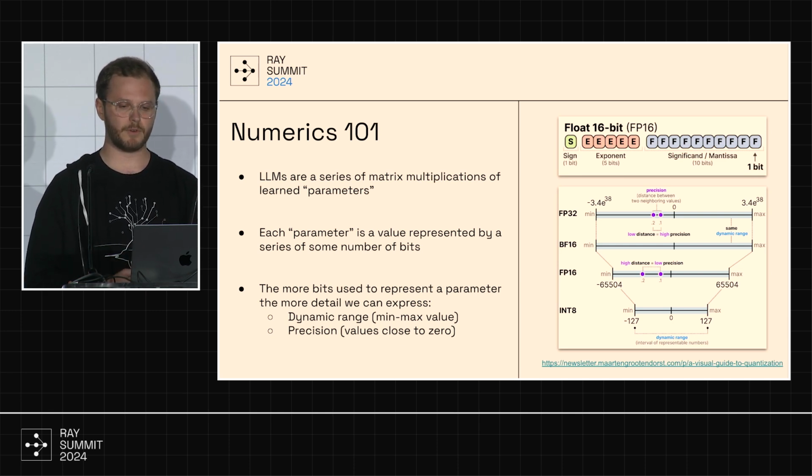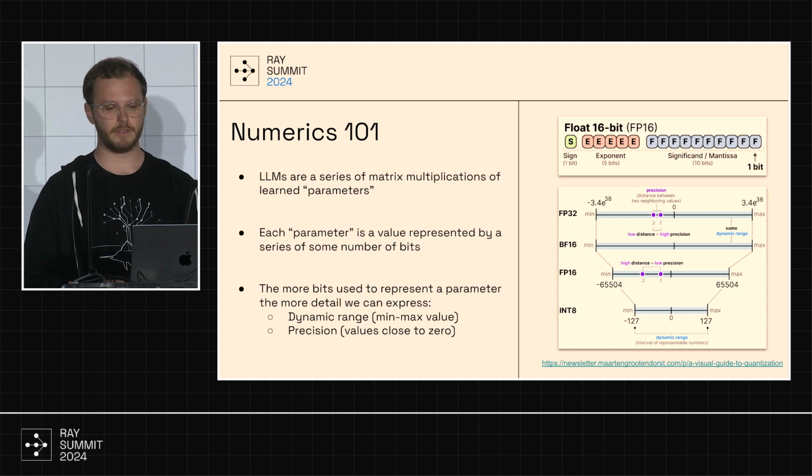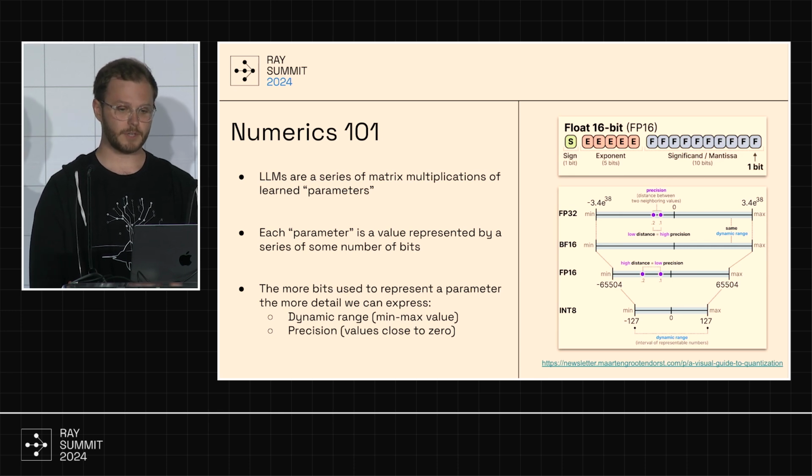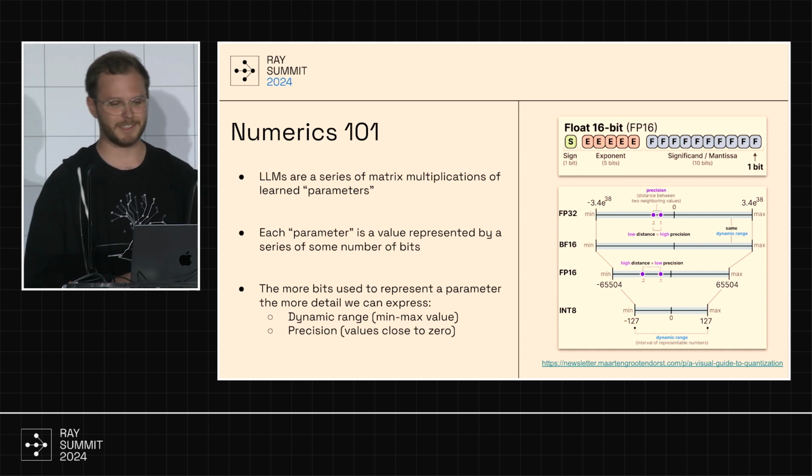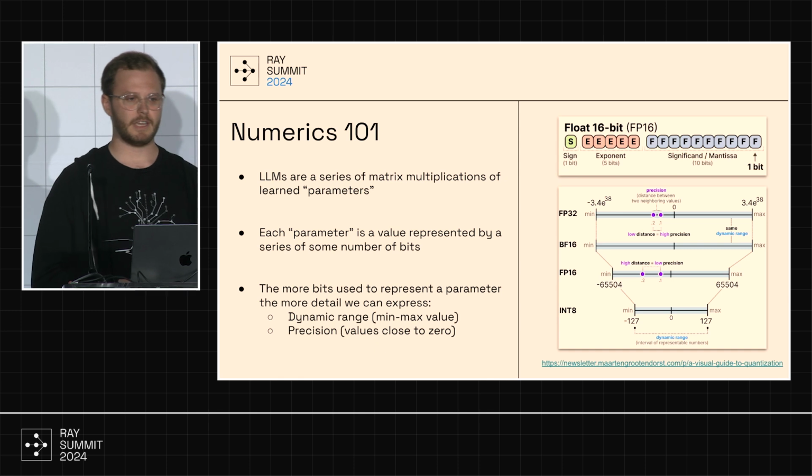These high-precision formats allow for a wide dynamic range and high accuracy, but come at the cost of increased memory usage and computation time. To illustrate, a single FP32 number uses 32 bits of memory. In a model of just 1 billion parameters, this translates to 32 billion bits or 4 gigabytes of memory for just parameter storage alone. This memory requirement presents challenges for deployment and inference, especially as you scale up to billions and billions of parameters, which quantization aims to address.